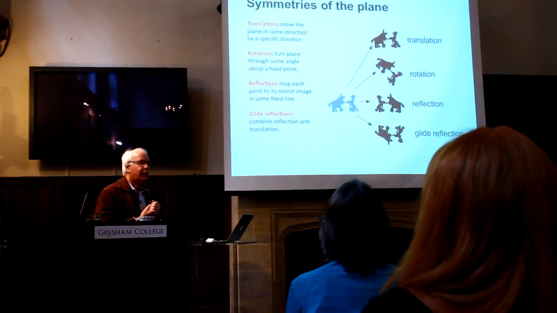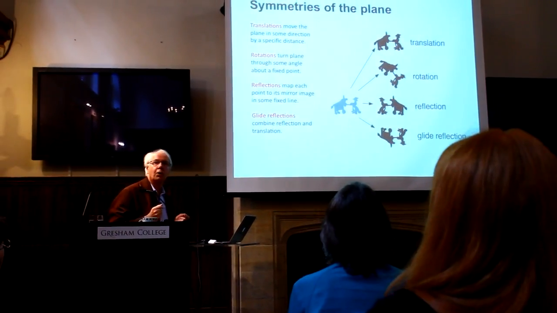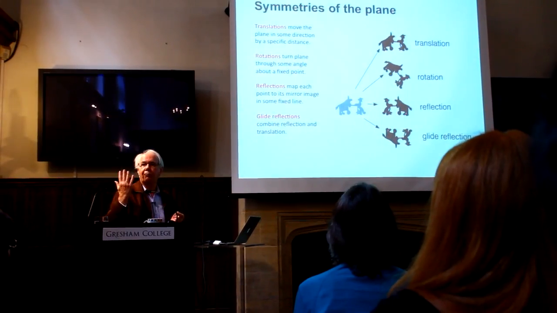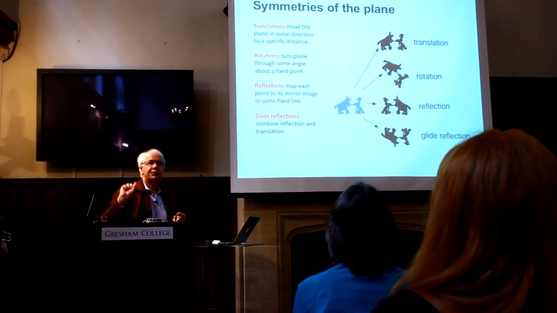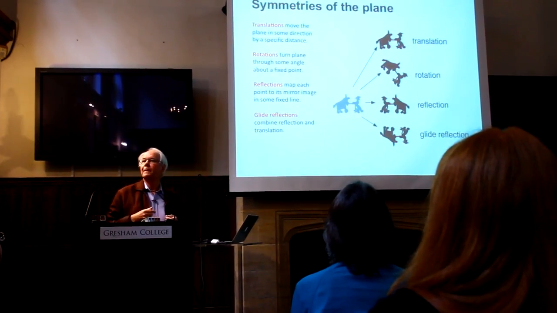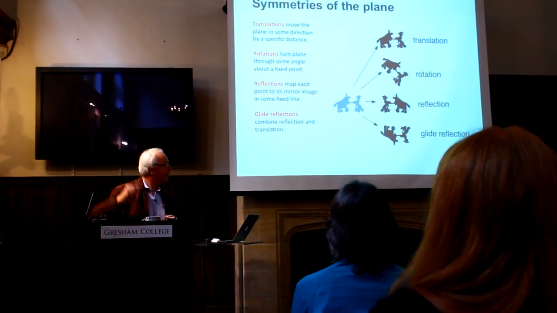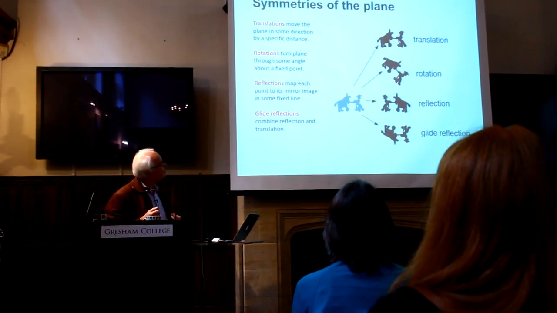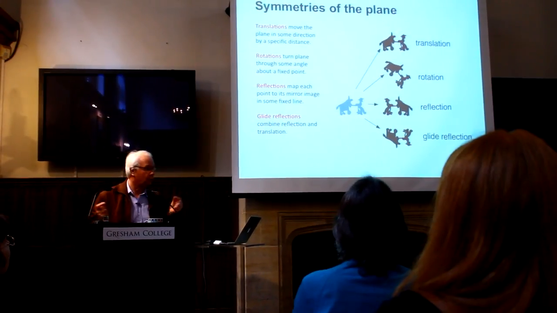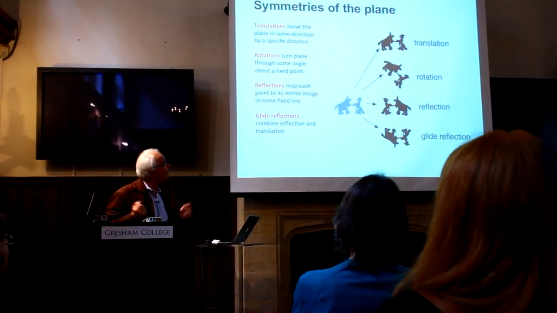So symmetries of the plane are a much richer source of patterns, and there are basically four kinds, three major ones and another one I might as well mention. So take some shape in the plane. Here it happens to be a school teacher dragging a donkey for reasons that have nothing to do with this at all. It's a shape.